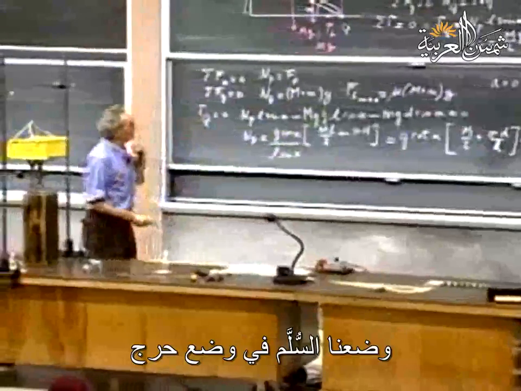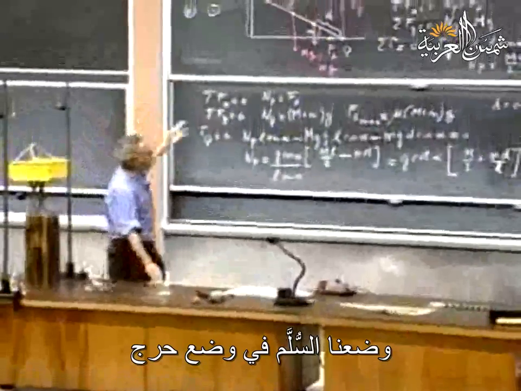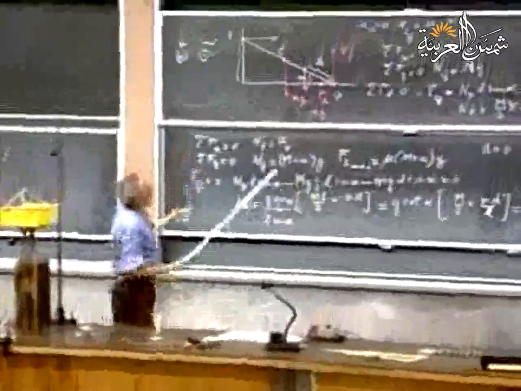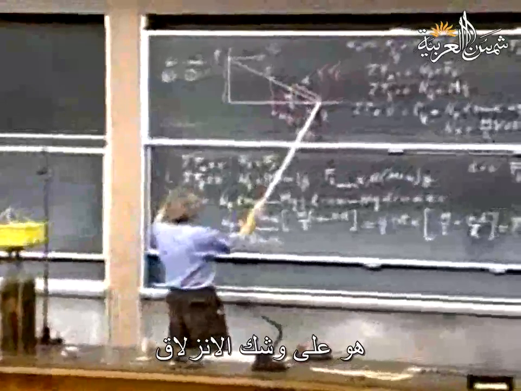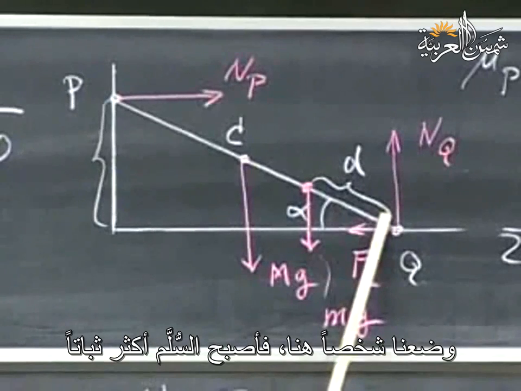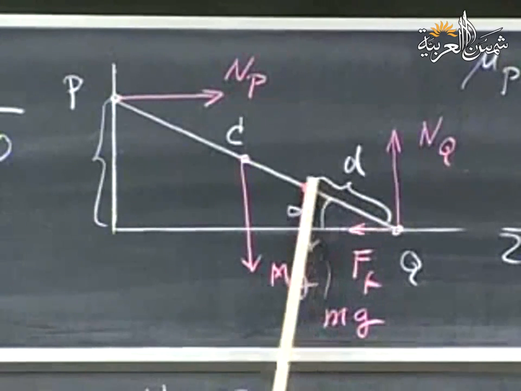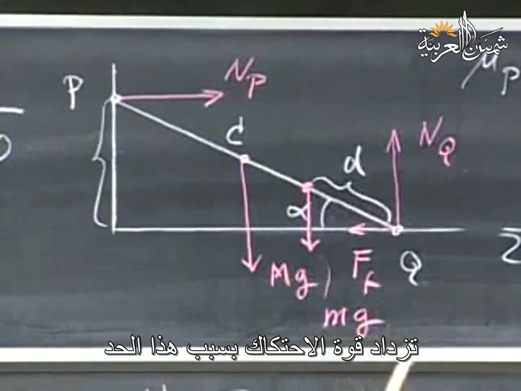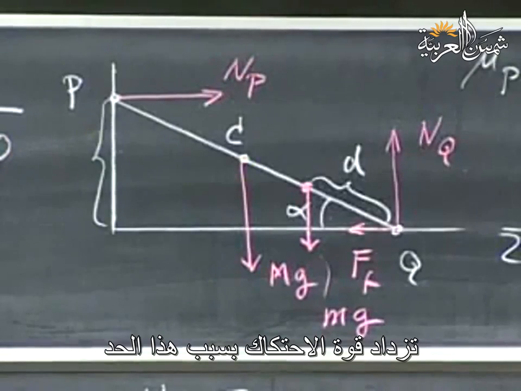So in a nutshell then, we set the ladder at the critical situation. It's about to start sliding. We put a person on here, it becomes more stable. The person walks up slowly, the frictional force will increase because of this term.